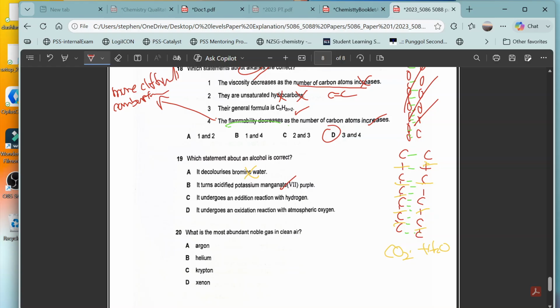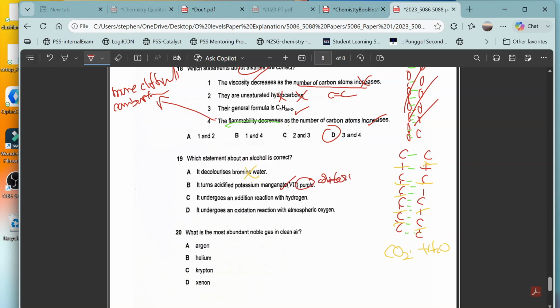Acidified potassium manganate is always purple, so it didn't turn it purple. If you say that potassium permanganate reacts with an alcohol, then yes, it does. It will give you a carboxylic acid, and if that carboxylic acid is given, then actually it's colorless, not purple. Okay, it will turn colorless.